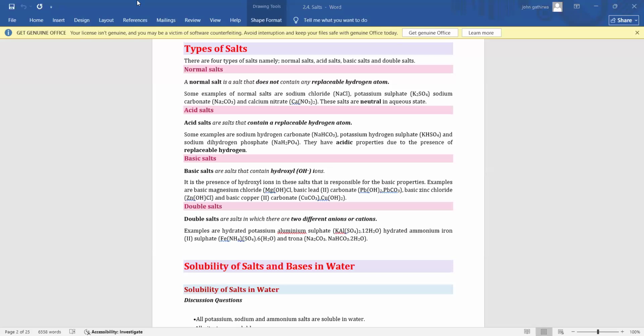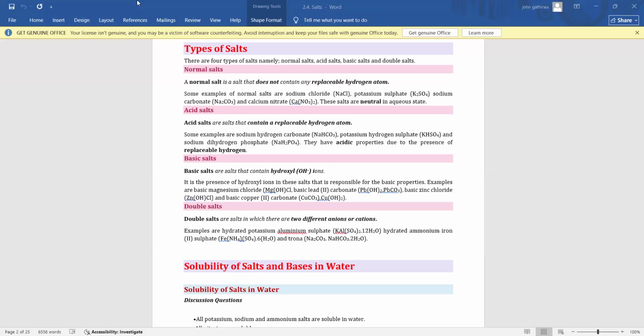So for a salt, we define a salt as any substance formed when hydrogen ions in an acid are wholly or partially replaced by a positive ion, or sometimes we call it a cation, or ammonium ion.